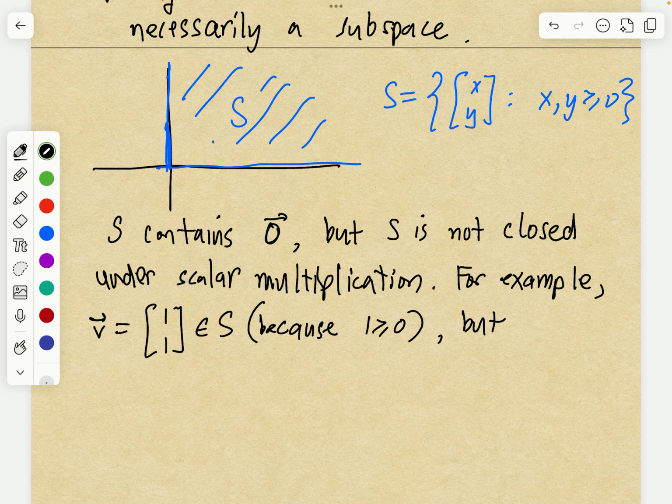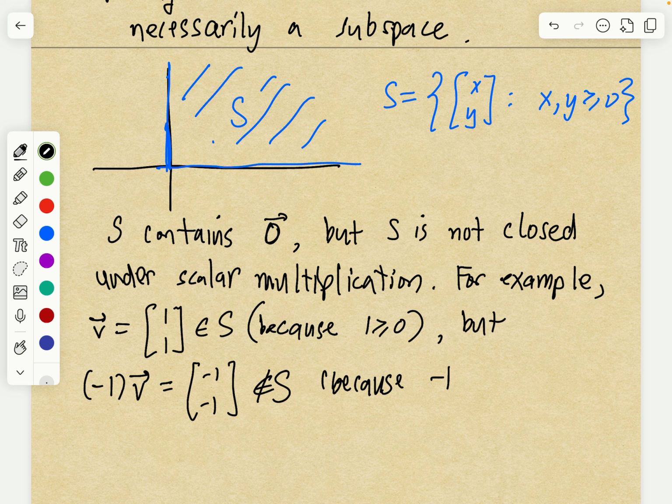But if you take -1 times V, that's going to be -1, -1, and that is not an element of S because x and y are not greater than or equal to 0, since -1 is less than 0. So that shows that S is not closed under scalar multiplication.